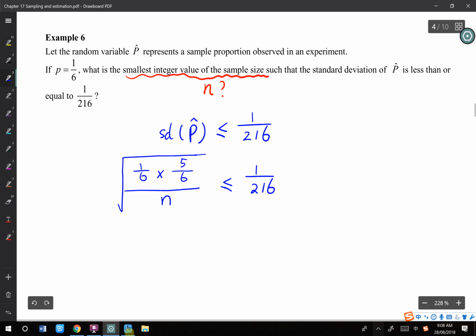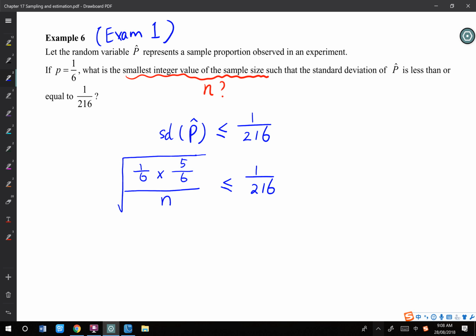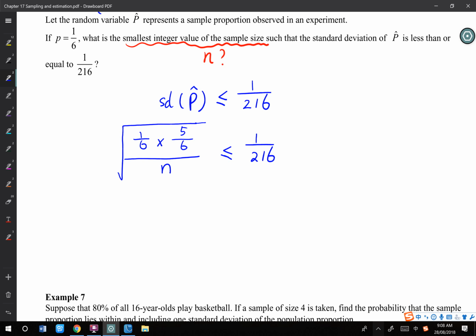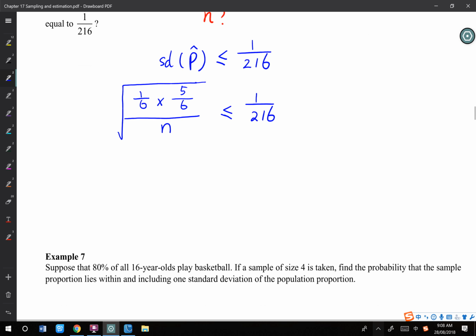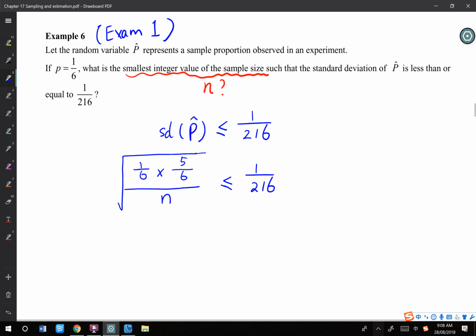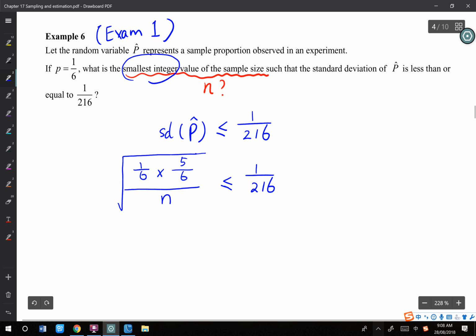This is an exam 1 question, taken from an exam 1 paper, so there's no calculator involved and you need to do it by hand. I'm not going to continue with this now. You can solve it later and take the smallest integer value for n.